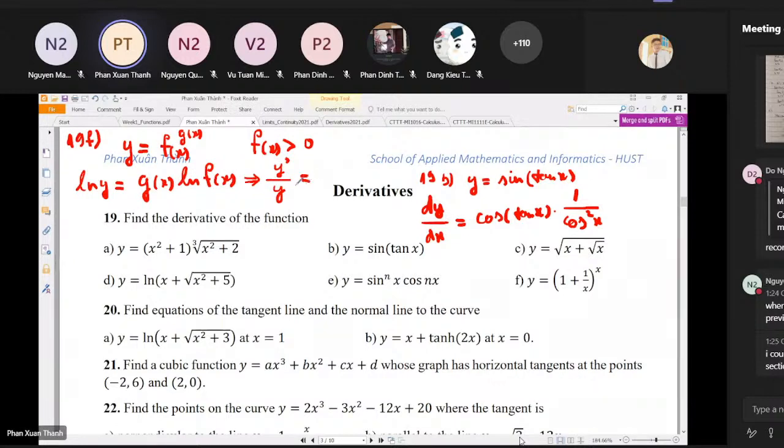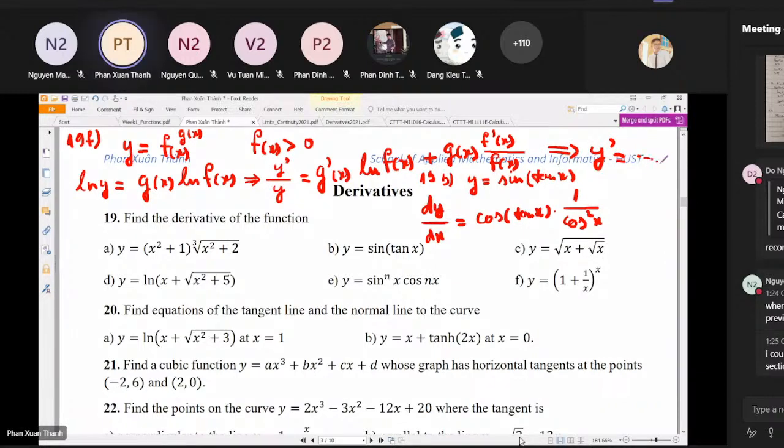Differentiating the right-hand side, we apply the product rule: the derivative of g(x) multiplied by the logarithm of f(x), plus g(x) kept the same multiplied by the derivative of f divided by f. Now we can multiply both sides by y, so we can find the derivative of the function y.